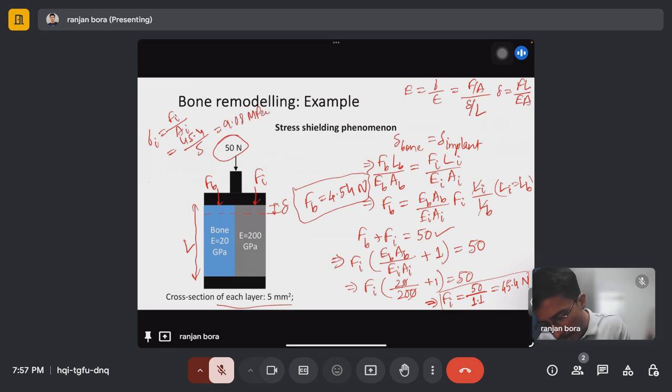9.08 megapascal. And sigma B, the stress in the bone, is F_b by A_b, which will be 4.54, it will be 0.9.